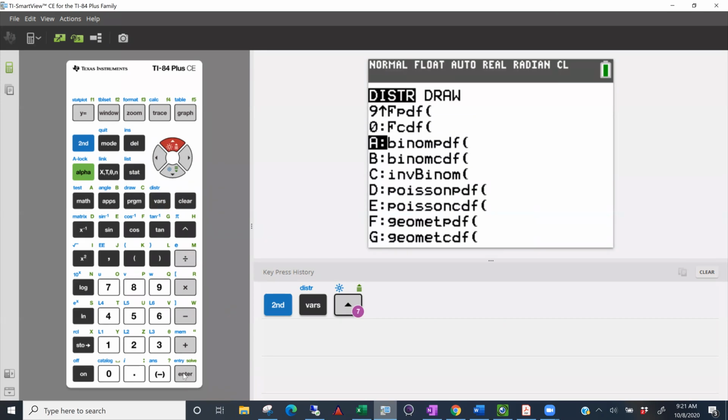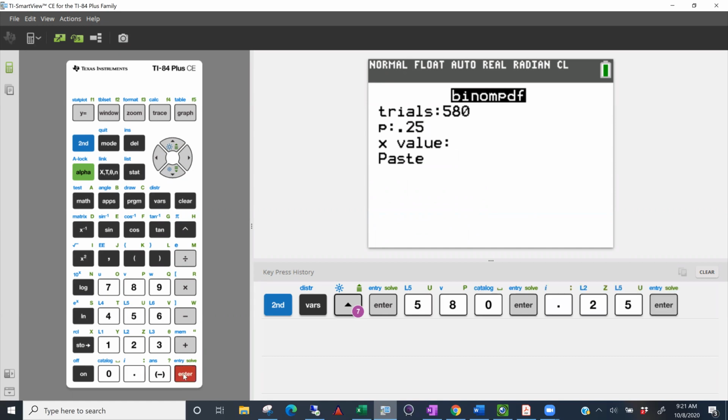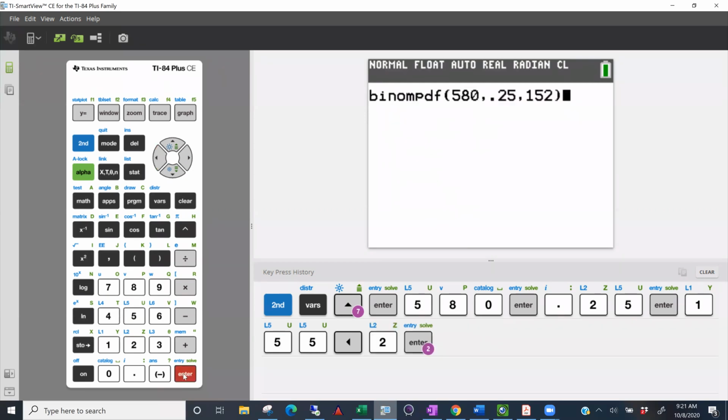You don't want CDF, you want PDF. We'll use CDF for a different part of this problem. There's 580 trials. Probability of success is 0.25. Our X is 152. And yeah, 0.0301. Beautiful.